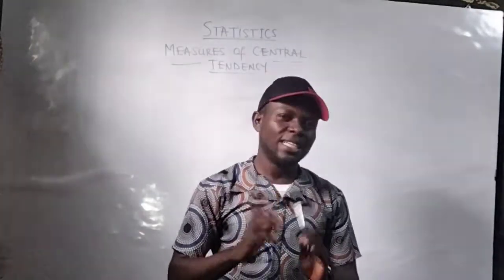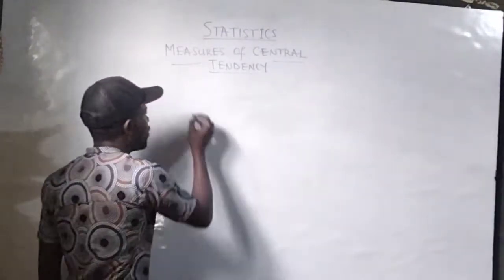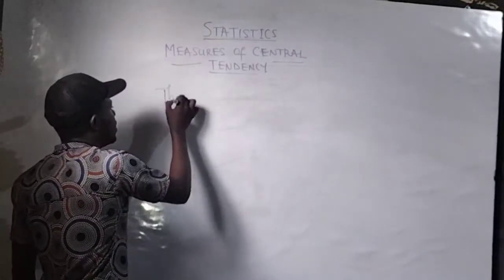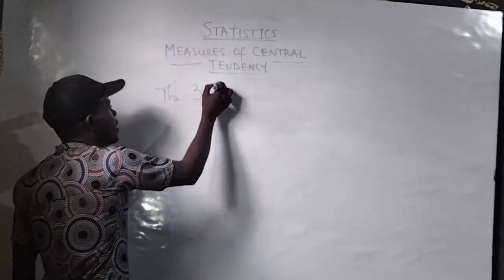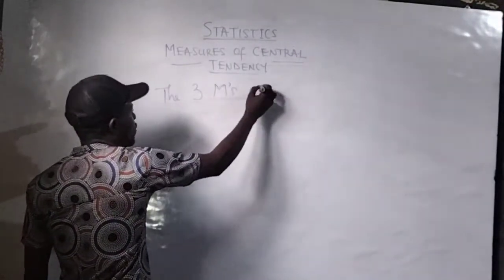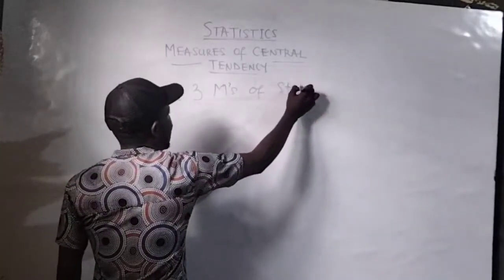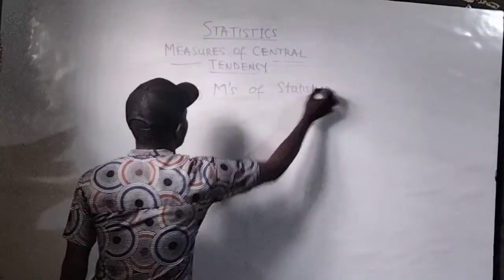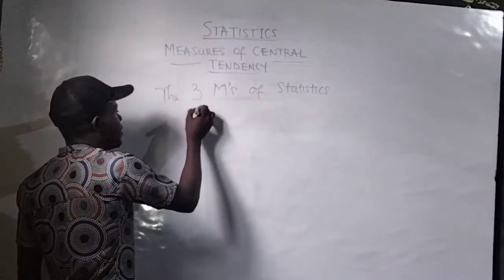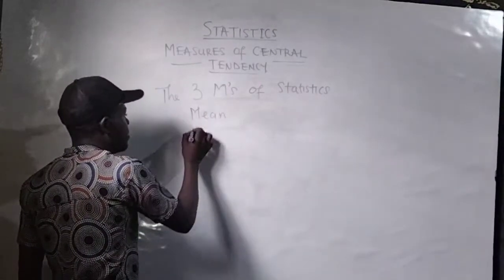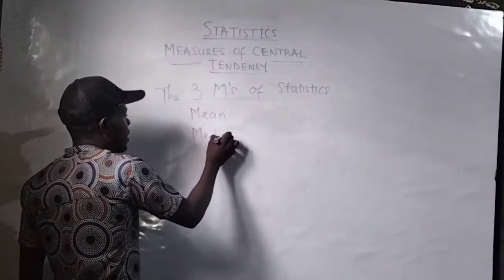Basically, they are just the 3 M's of statistics. The what? The 3 M's of statistics. And what are the 3 M's of statistics? We have the mean, followed by the median, then the mode.